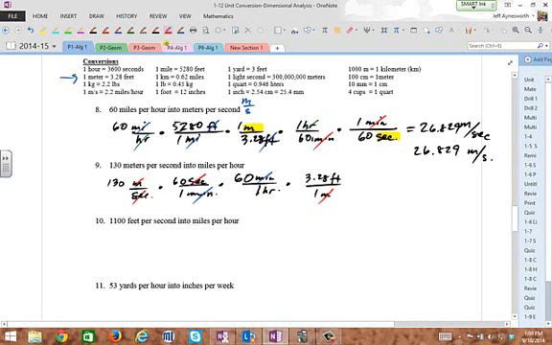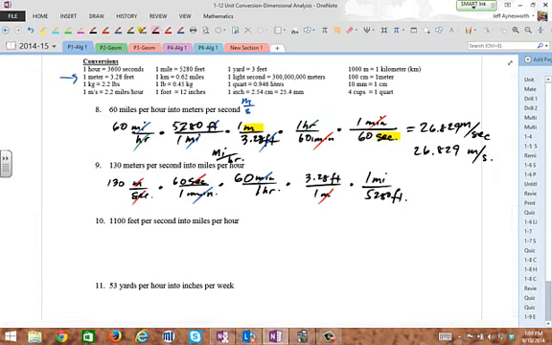I'm getting close. And I also know that there's 5,280 feet per 1 mile. So for 1 mile, because I want it in the numerator, because this is miles per hour, equals 5,280 feet. And if you do the last canceling of units, you'll see what you have left over, miles per hour. Okay, and that's what we want.